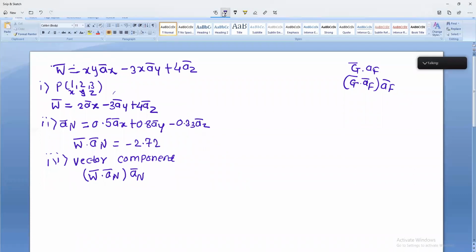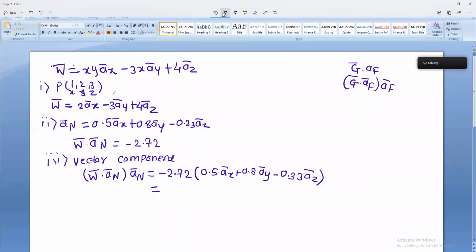Now, it is equal to minus 2.72. W bar dot a bar n is equal to minus 2.72 into the bracket, unit vector a bar n equal to 0.5 a bar x plus 0.8 a bar y minus 0.33 a bar z. Okay, so just tell me the answer.